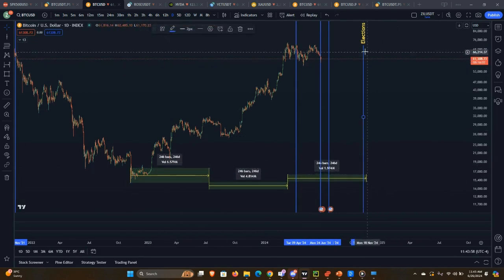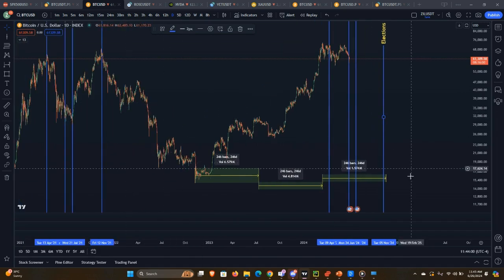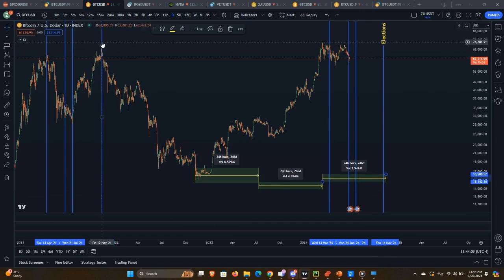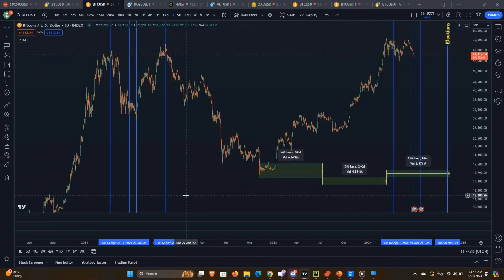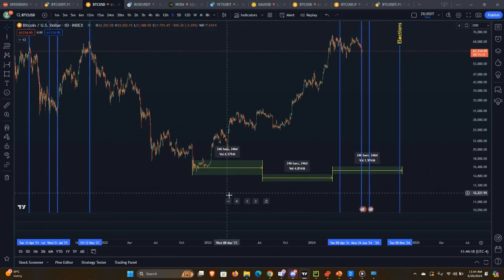We have an important date in elections. What's also interesting is that this falls on 15th of November, and look at where we topped out in the 2021 cycle: 12th of November. So there are a lot of similarities.